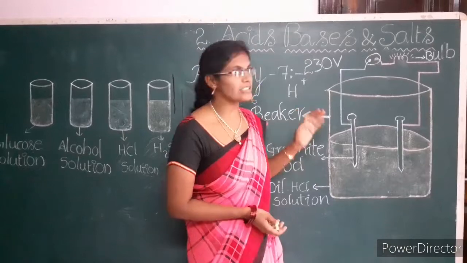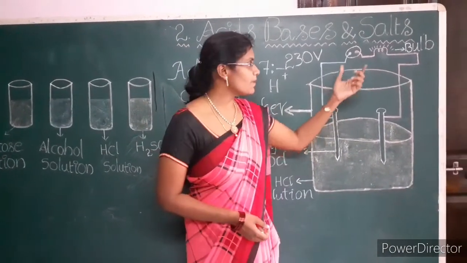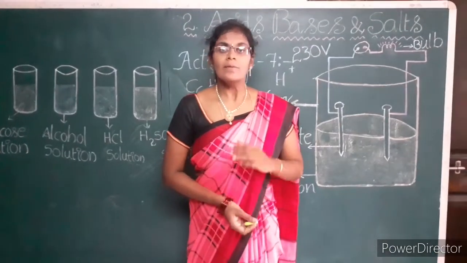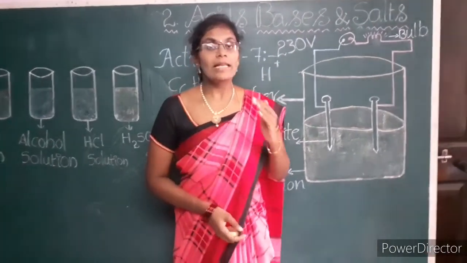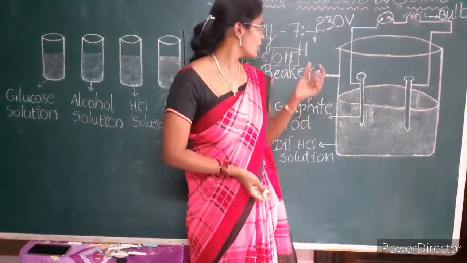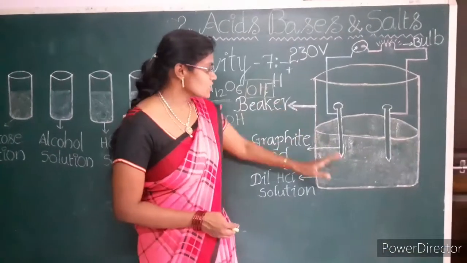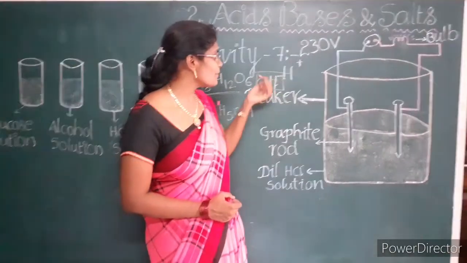Similarly, do the same activity with bases. In the case of bases also, the bulb glows, because previously we discussed that in aqueous solution bases release OH minus ions, which are anions. They contain a negative charge, so we call the OH minus ion an anion.